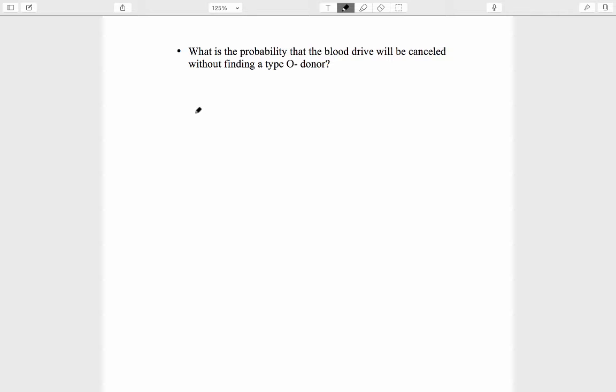We can think of this as just following a certain path through the tree. So 0.93 at stage 1, times 0.93 at stage 2, times 0.93 at stage 3, times 0.93 at stage 4, times 0.93 at stage 5. In other words, 0.93 to the 5th.